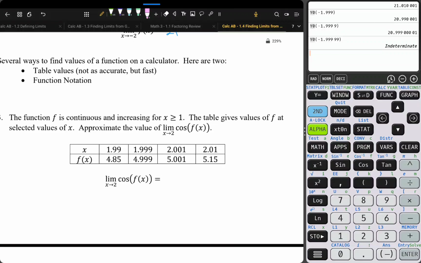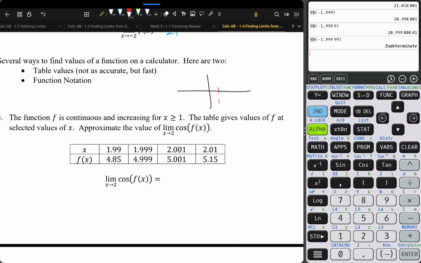Function f is continuous and increasing for x greater than or equal to 1. The table gives values of f at selected values of x. Approximate the value of the limit as x approaches 2 of cosine of f of x. Now, they do tell us it's continuous and increasing. This is important for x greater than 1 because they don't tell us otherwise.